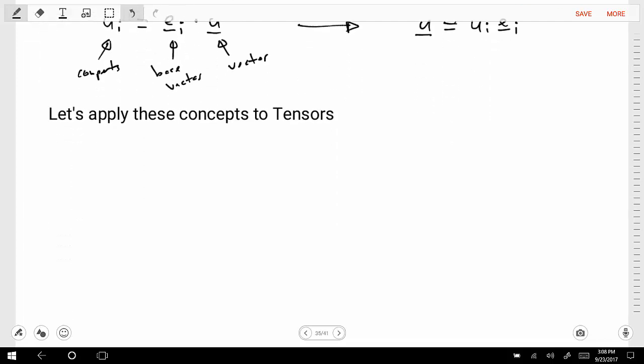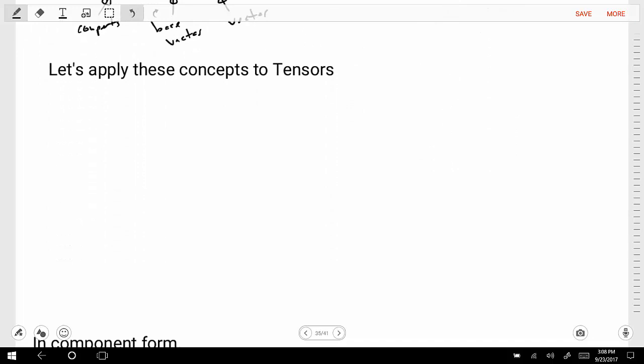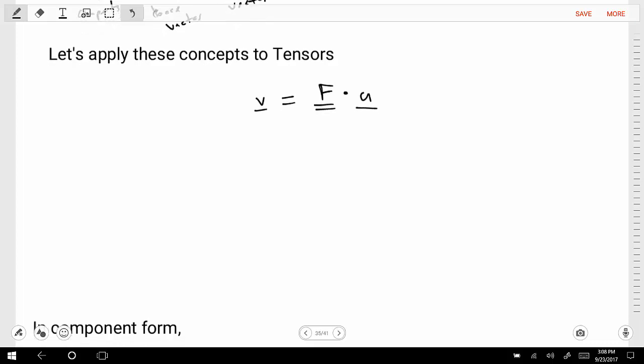Now let's apply this concept to tensors. Let's start with saying that we have some tensor F that, when we do the dot product with respect to a vector u, we get an output vector v.